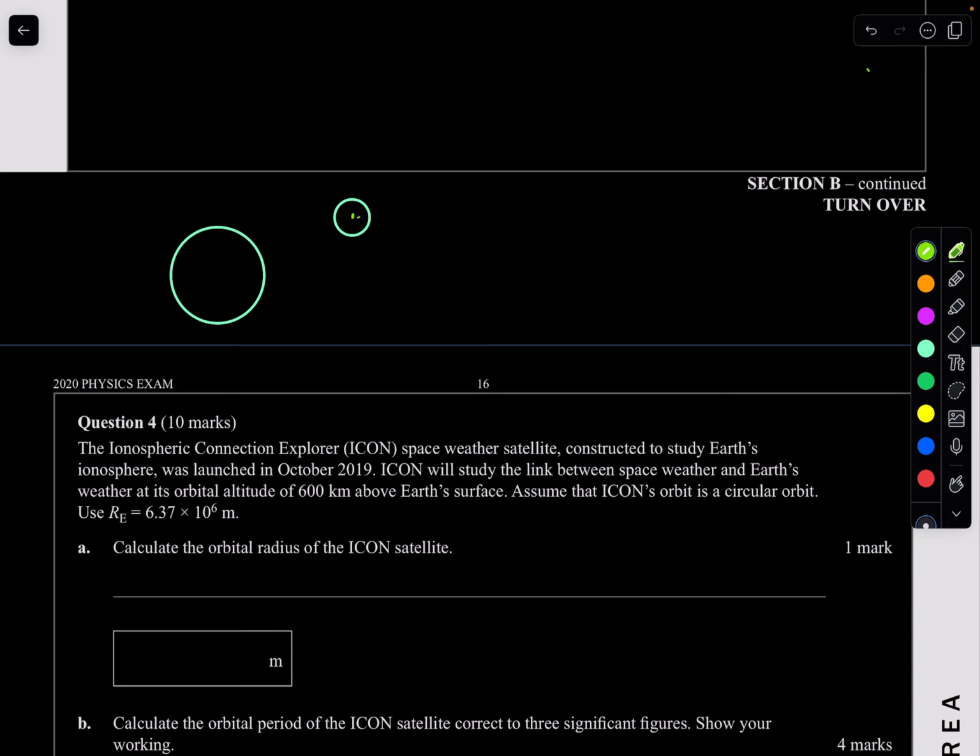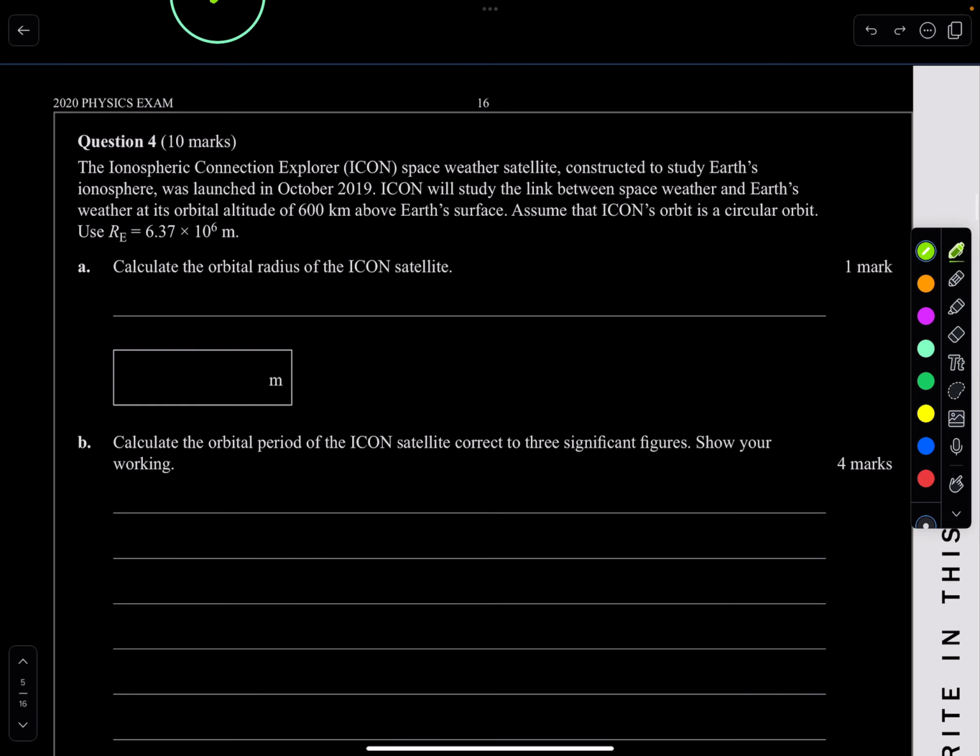So it's the distance between the center of your ICON satellite and the surface of the Earth. But remember, orbital radius is the distance between the center of both masses. So you do need to include the radius. You need to add the altitude with the radius of the Earth to get the orbital radius.